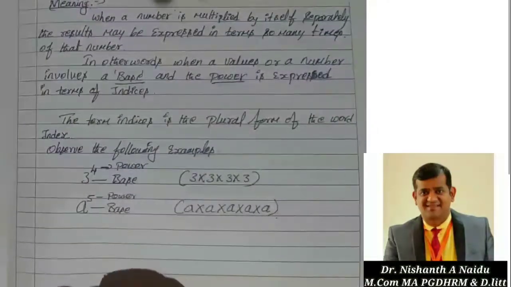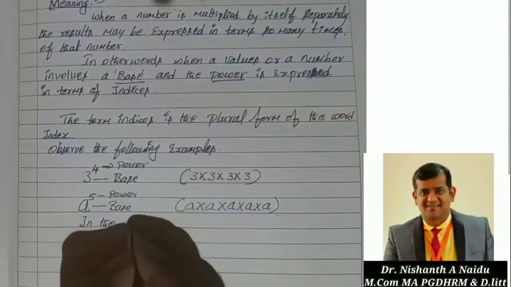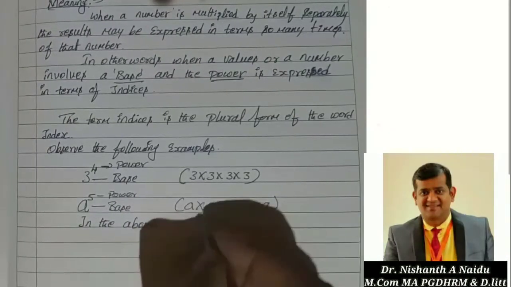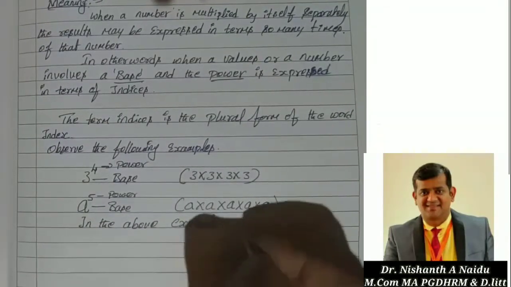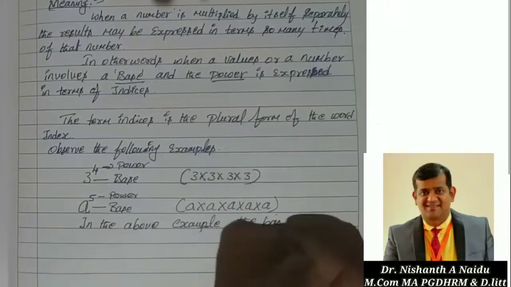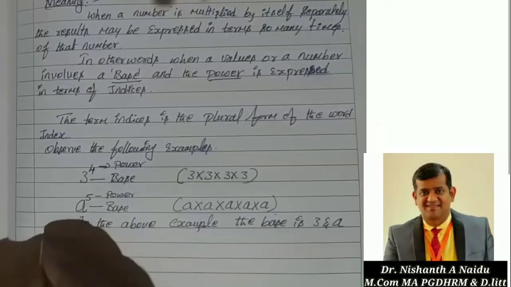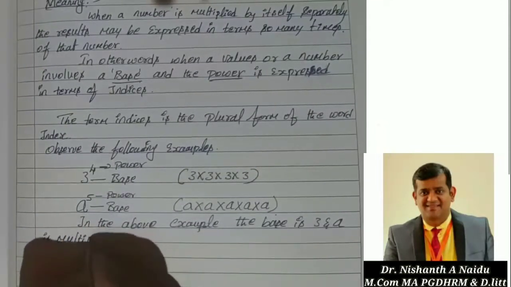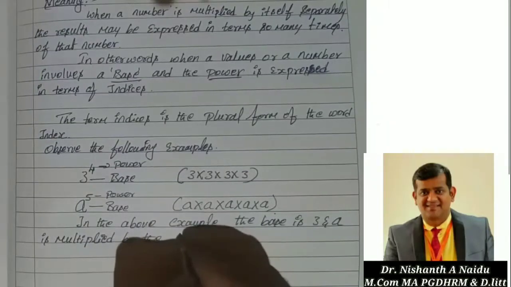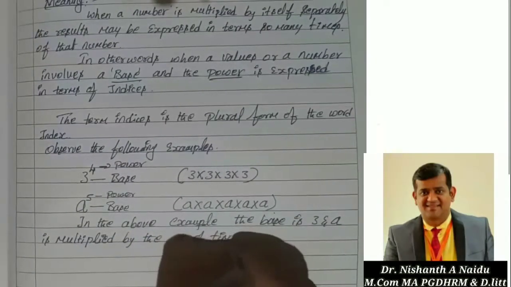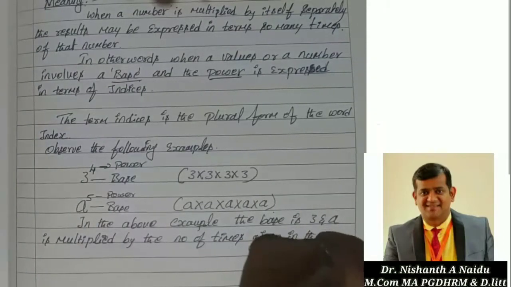If you look at the above example, what have you understood now? In the above example, the base is 3 and a, multiplied by the number of times given in the power.